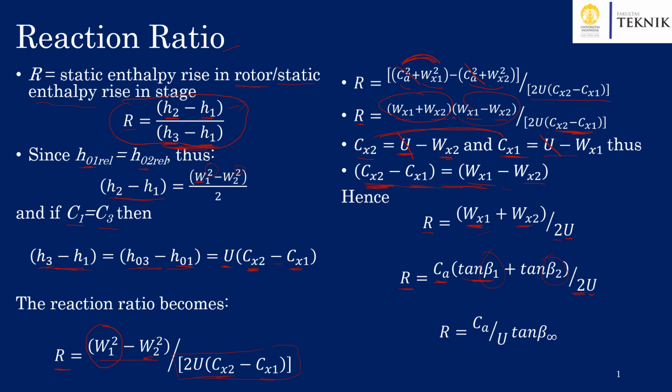Or we can combine this as tangent beta 1 plus tangent beta 2 divided by 2, that is equal to the tangent of beta infinity. So this is another simplification of the equations, that the reaction ratio can also be a function of the axial velocity divided by the blade velocity multiplied by the tangent of beta infinity, that is a function of the relative flow angle at the inlet and the outlet of the rotor.